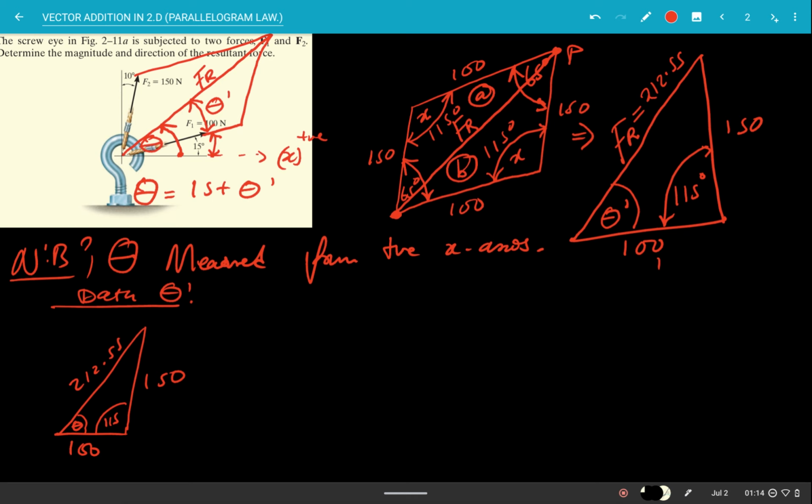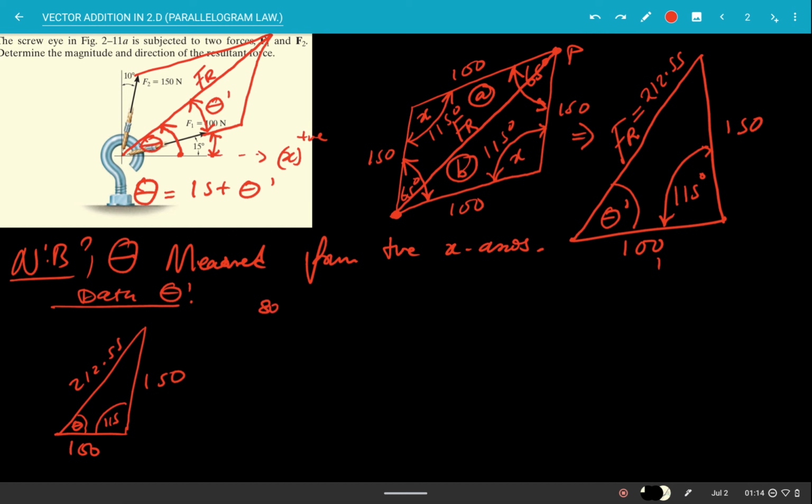But you can also use the cosine rule, if you want. It literally just depends on your math skills. In my case, I'll use the sine rule. When it comes to the sine rule, you first have to get the sides that are values. So we have this side that points to the length that is given, that we found to be the resultant. So we're going to get that sine value first.